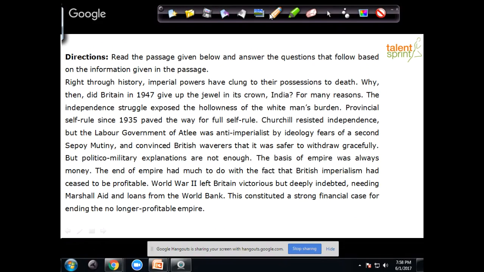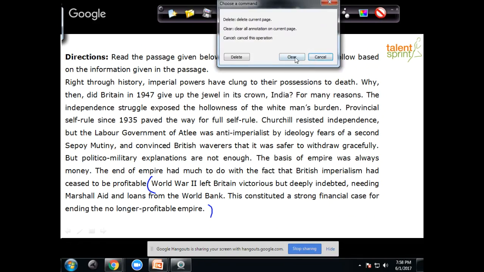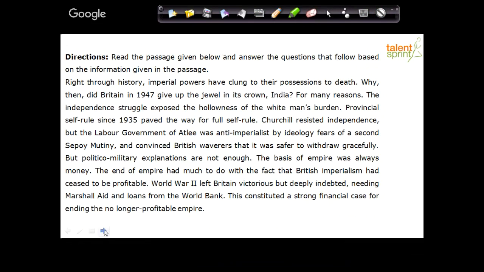In this passage, pay attention to the closing sentence of each paragraph. If you see, it says, World War II left Britain victorious but deeply indebted, needing martial aid and loans from the World Bank. This constituted a strong financial case for ending the no longer profitable empire. It's talking about financial loss.